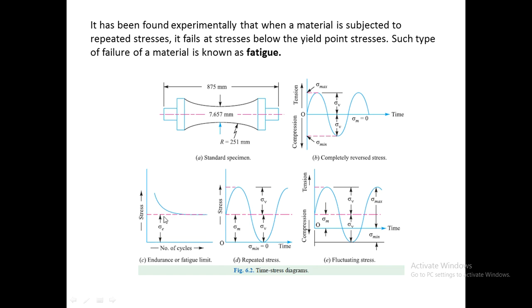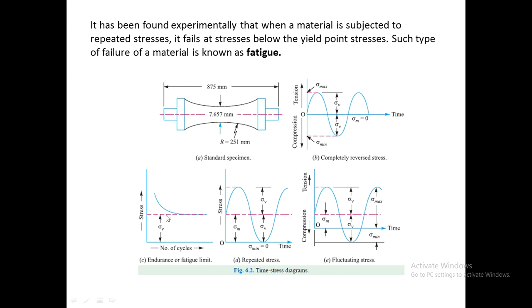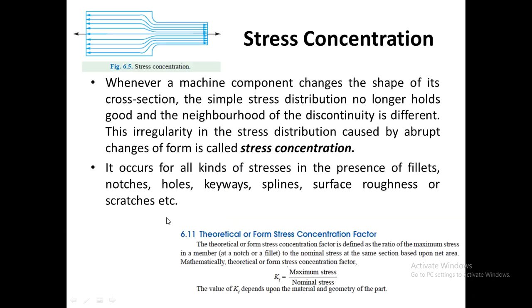This particular stress value is called the endurance stress or the endurance limit. It is nothing but the particular point where the material will not fail for any number of cycles of change in stress. So that particular stress is called your endurance stress or fatigue stress. This value, sigma E, is the endurance stress.